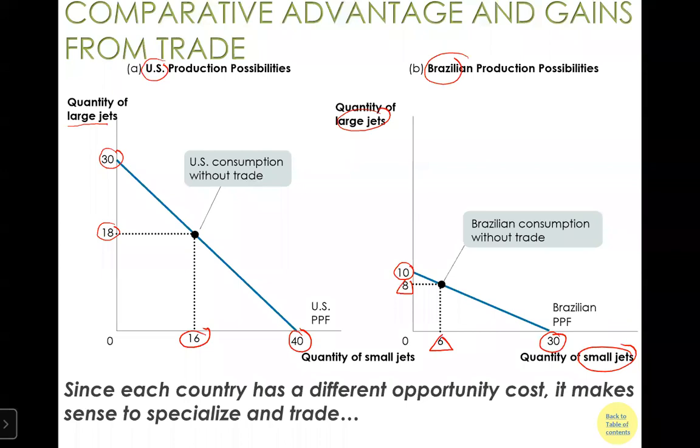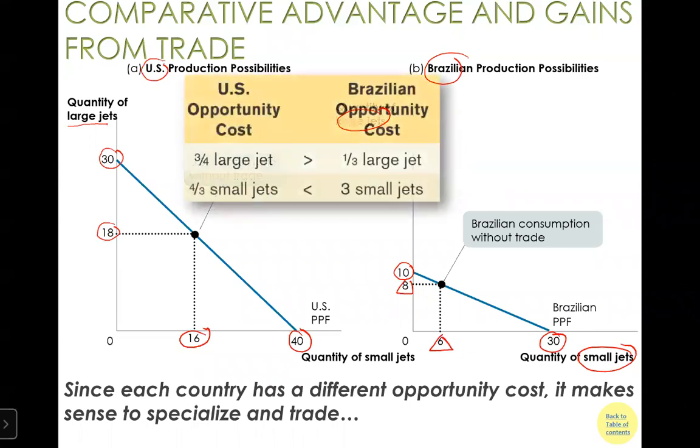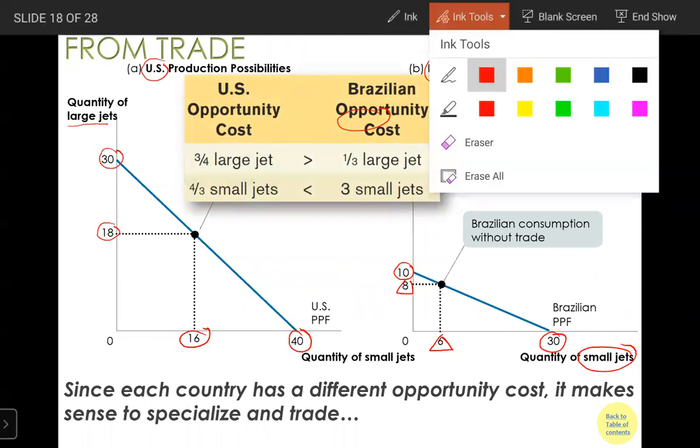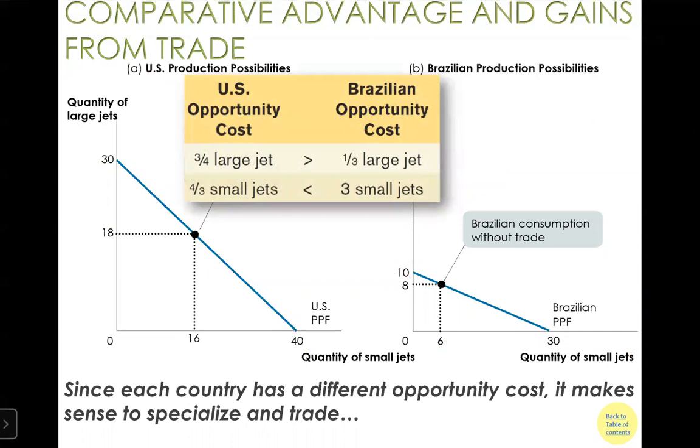So this is before trade, or this is without trade with others. Now, let's see what would happen if they can trade with each other.